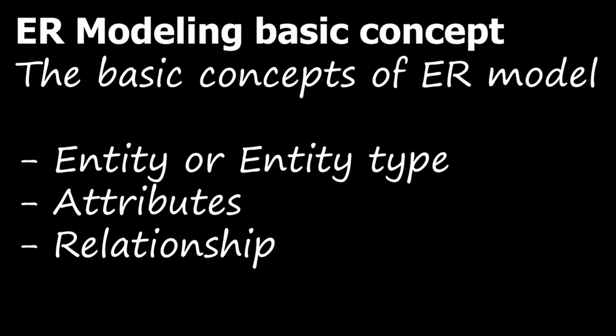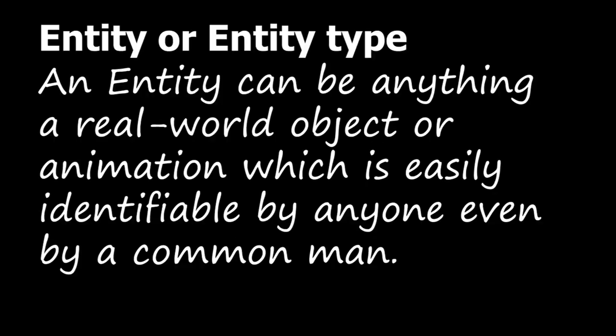First let's see what is entity or entity type. Entity can be anything in the real world. It may be an object, it may be an animation, or it may be an image, or anything which can be identified by anyone. If you see an object, you will find this is an object, right?